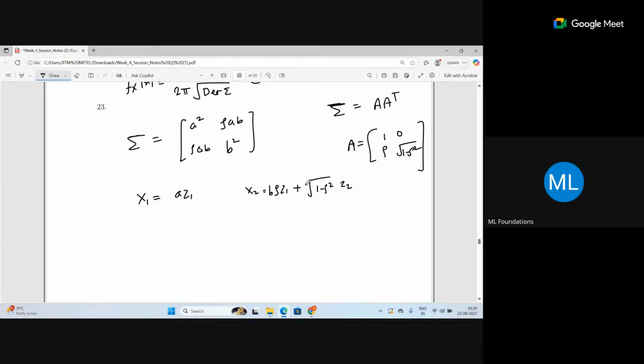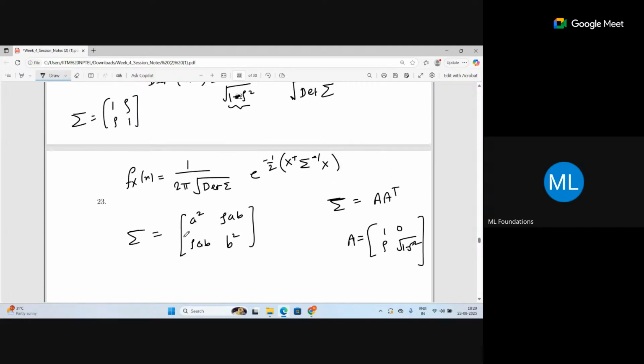Whatever linear transform you want to take, with any kind of different values, the generic formula for this covariance matrix will be like this. If I use that, then this will be my sigma and this will be my joint density.